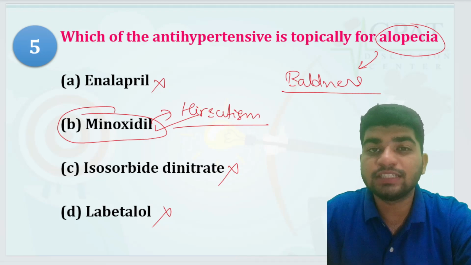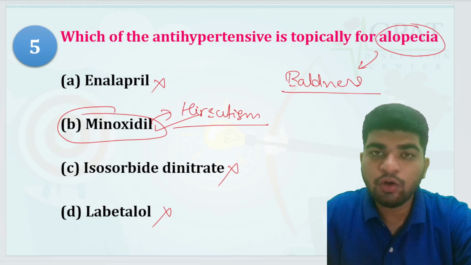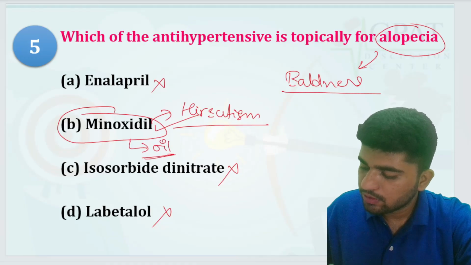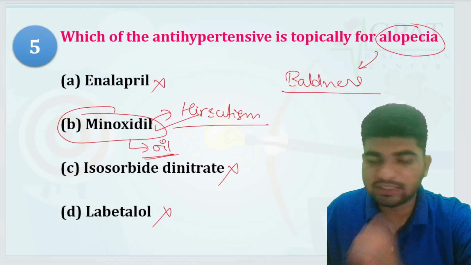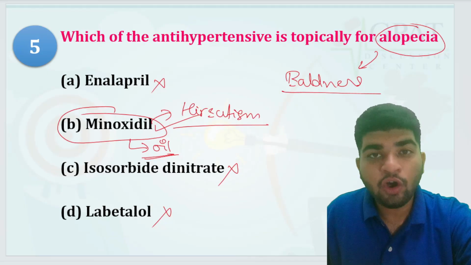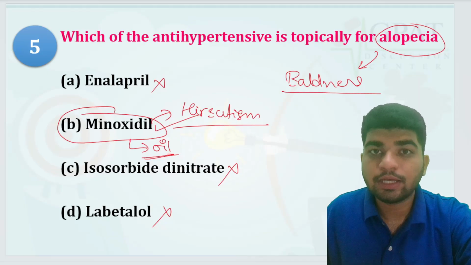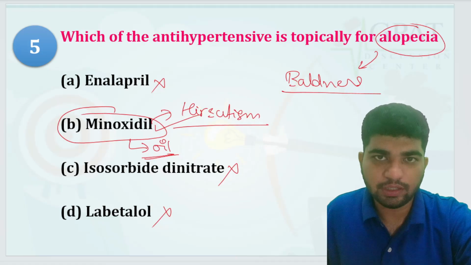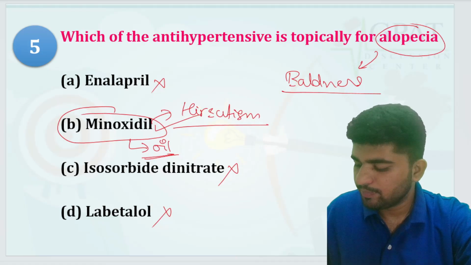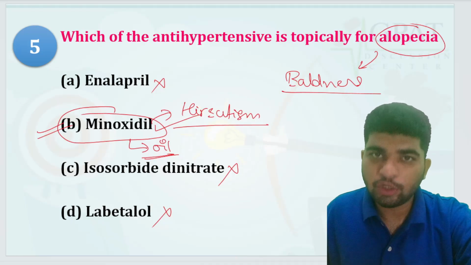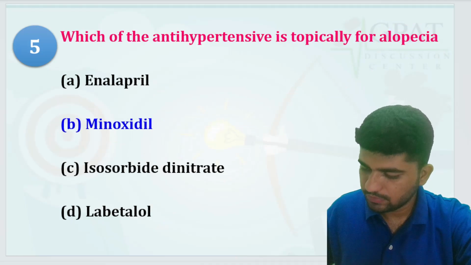Whenever a person is suffering from alopecia, minoxidil oil is now marketed for baldness, loss of hair. So minoxidil is used topically for alopecia.